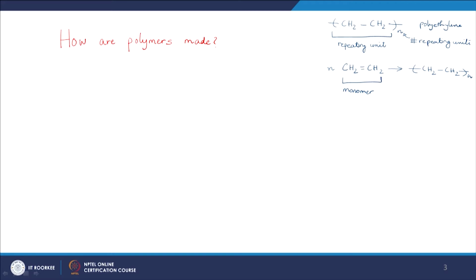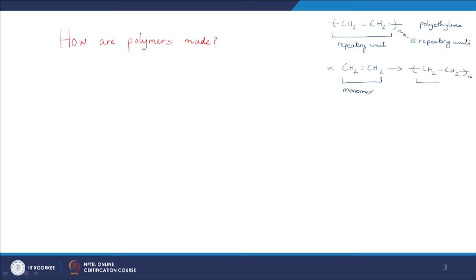You combine n monomers. As you can see, the monomer had a double bond. The polymer has all single bonds because the carbon at the end forms a new bond with another carbon. So one bond of the double bond went to a single bond with a different carbon and so on. We replaced the double bond with a single bond, and so this is my polymer.